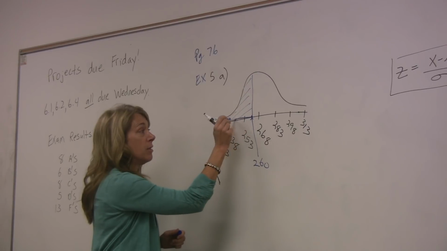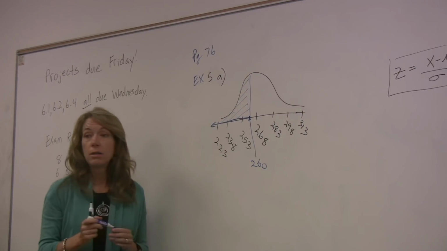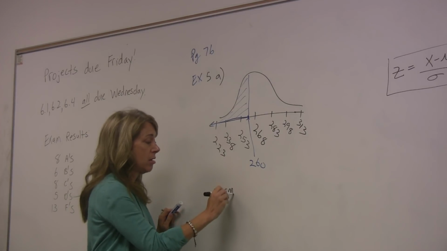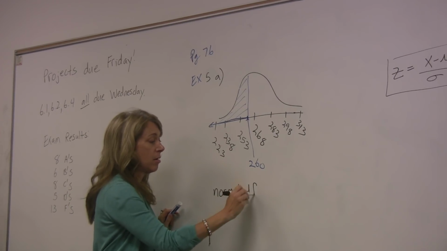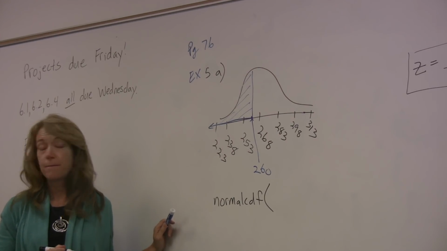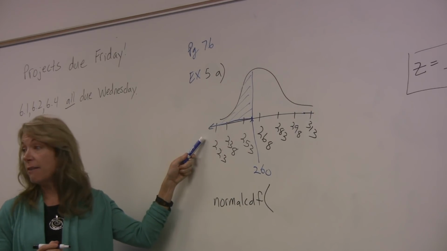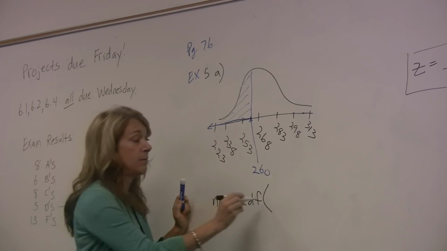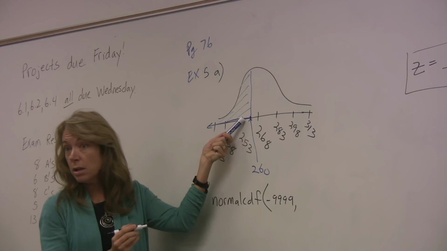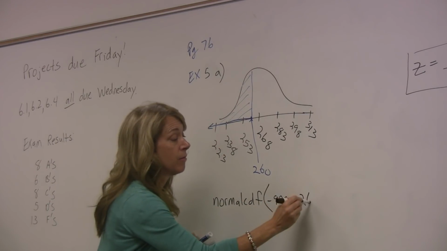So now Brian says we want to do normal CDF to find that probability. What am I going to put into my calculator? The number on the left here is negative 9999. The number on the right is 260.